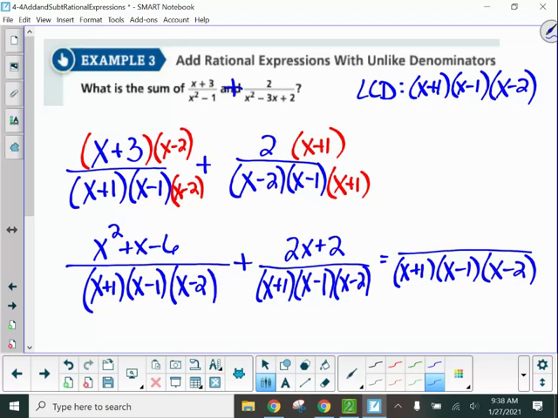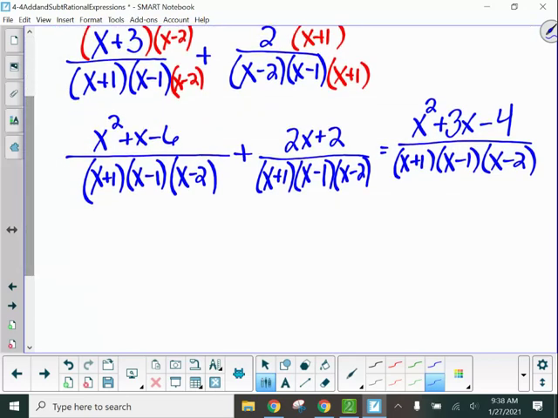So there's only one x squared term. X plus 2x is 3x. Negative 6 plus 2 is minus 4. So let's look at that.